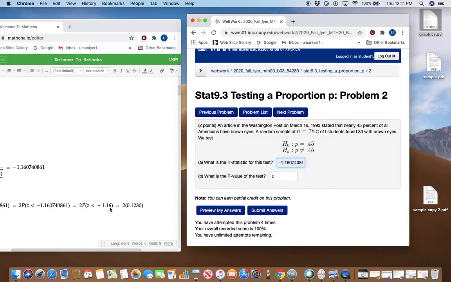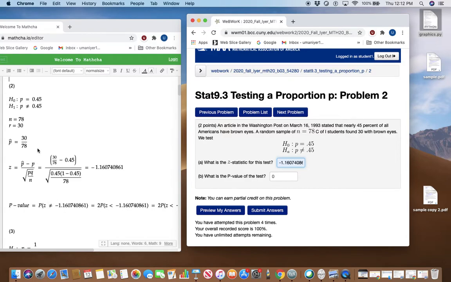After 6 is a 0, so I stop here. So there is 2 times the probability Z less than negative 1.16. Keep in mind, this is a two-tailed test, therefore you are going to have twice a certain probability. Had this been positive, you would have gone greater than. It's negative, so I'm taking less than.